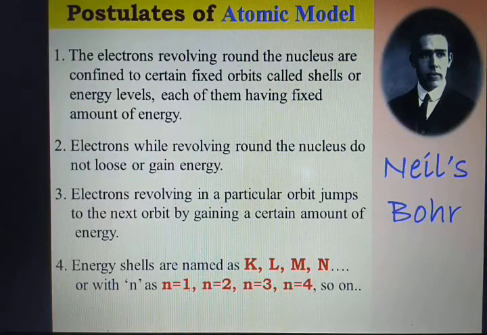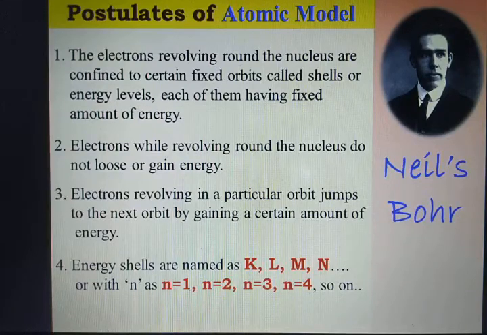And n equals 1 means the first orbit, which is closest to the nucleus, and that corresponds to the energy level or energy shell K.